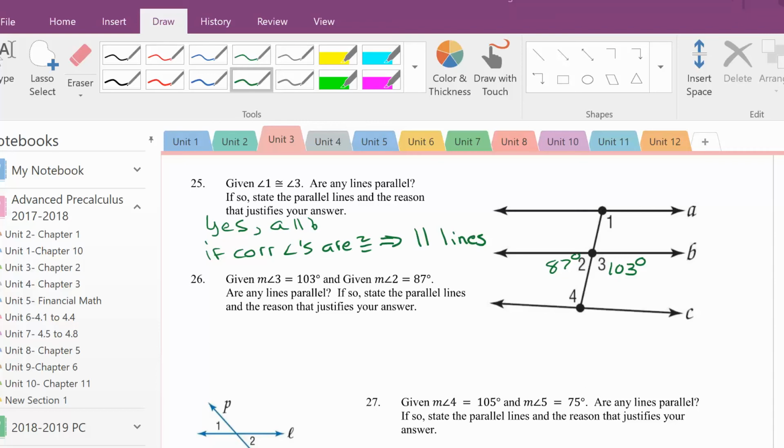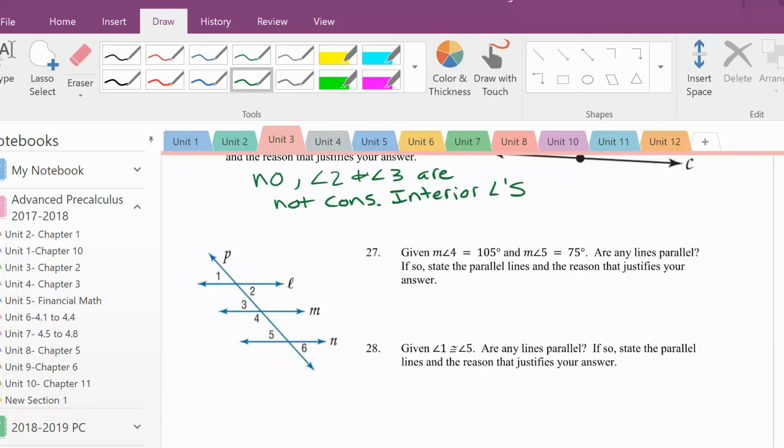The answer is no, no lines are parallel because, yes, these are supplementary, but 2 and 3 are not same side interior. They're not consecutive interior or same side interior angles. So it doesn't necessarily mean that the lines are parallel just because these are supplementary. Now, if 2 and 4 were supplementary, then you could say the lines are parallel.